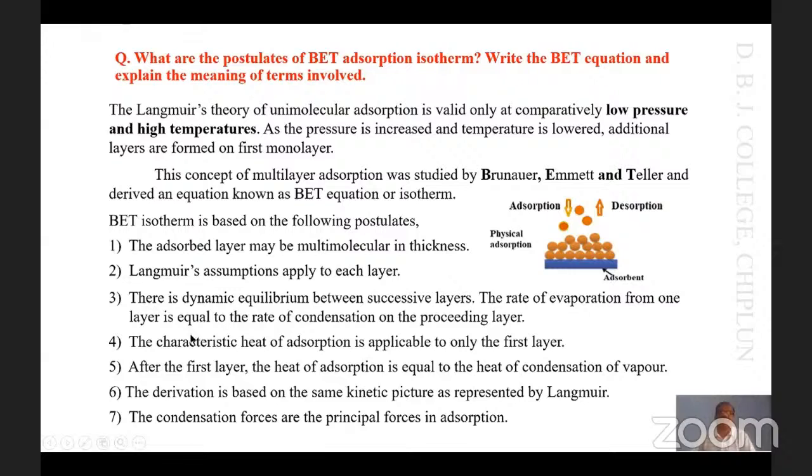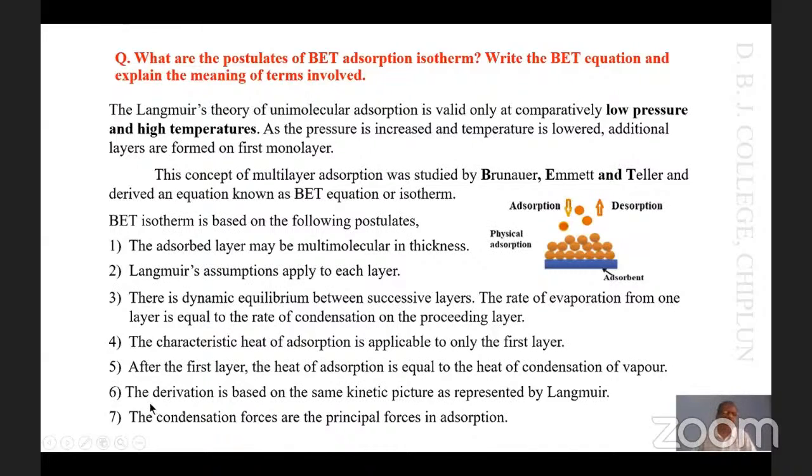The next postulate is that the characteristic heat of adsorption is applicable to only the first layer which forms onto the surface of the adsorbent. After the first layer, the heat of adsorption is equal to the heat of condensation of vapor.